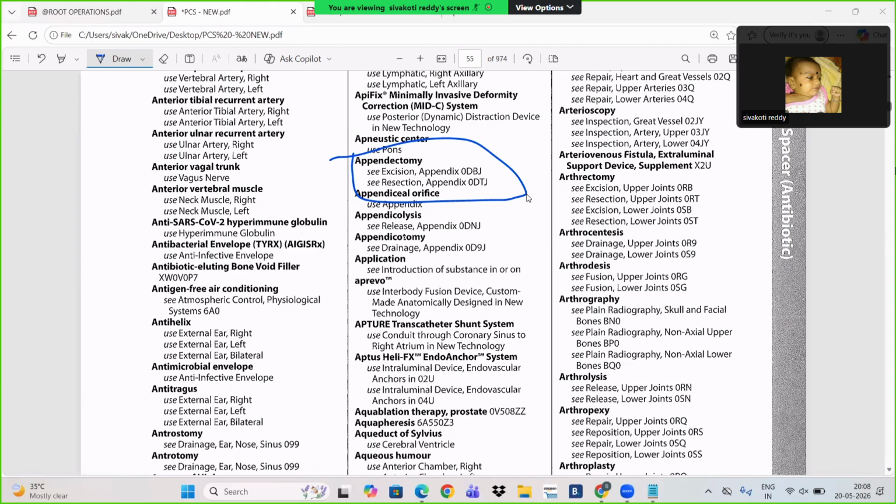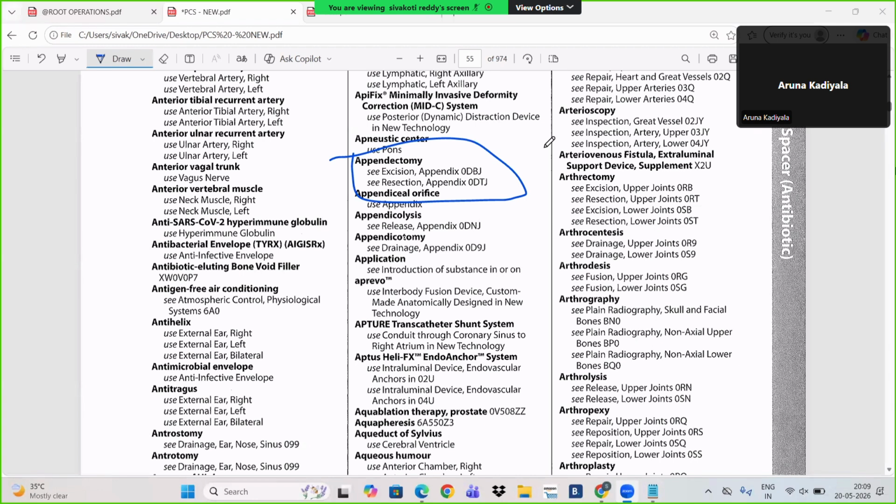If we don't know the meaning of excision or resection, can we get the code? Zero. Correct. If we know the meaning of excision or resection, then only we can get it. Otherwise, it is very difficult to get a code.